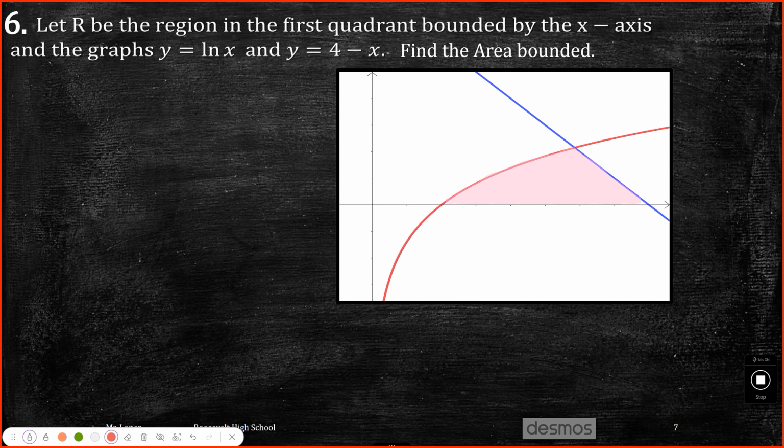So graph it. Let's graph it, and then find where they cross each other. They seem to only be crossing each other one time right there. Let's go ahead and graph them. Go back.